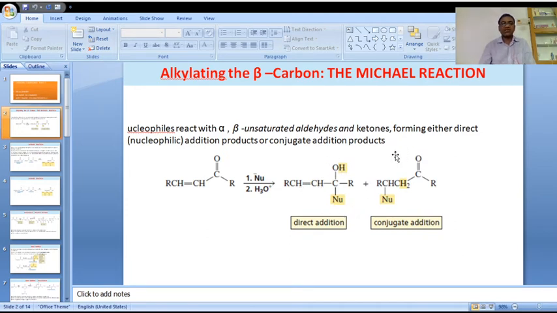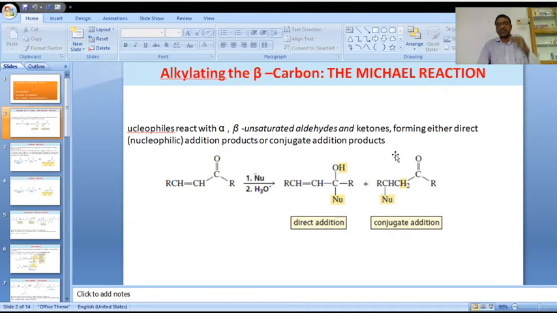This type of alpha beta unsaturated ketone undergoes reaction with the nucleophile and gives two types of products: the direct addition product and the conjugate addition product.